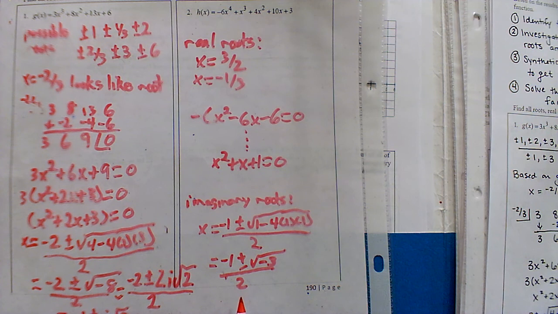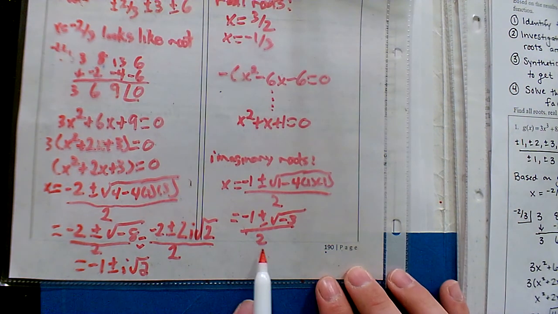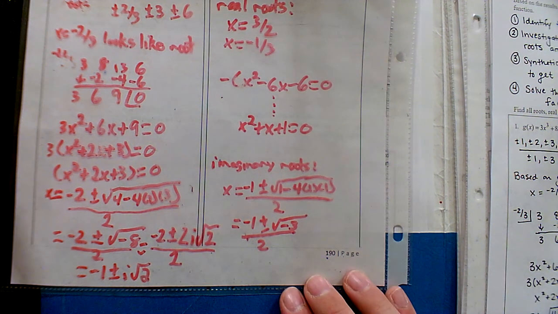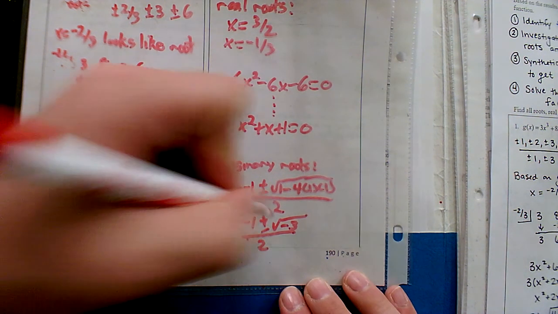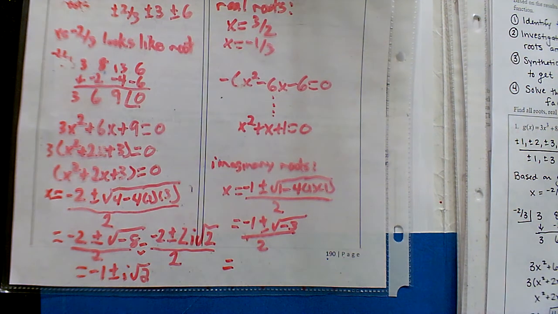Right now I have this as the imaginary answers, but does anybody see another way I could break this up? Because nothing will cancel. Go ahead. Yeah, you can make that 3i, so it'd be the square root of 3i. Yes. I'm looking to do something else though. That's part of it.